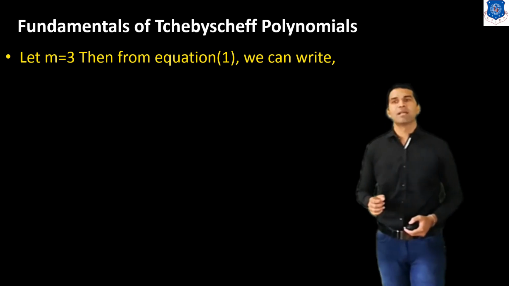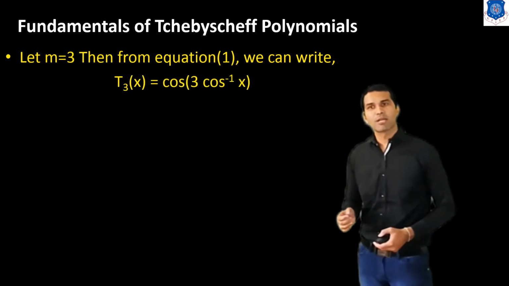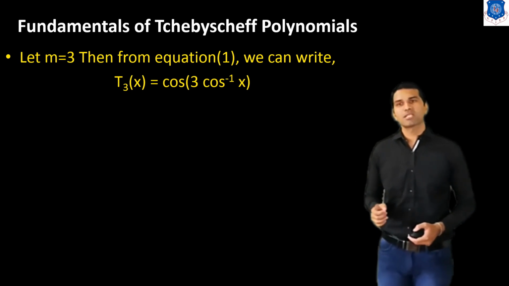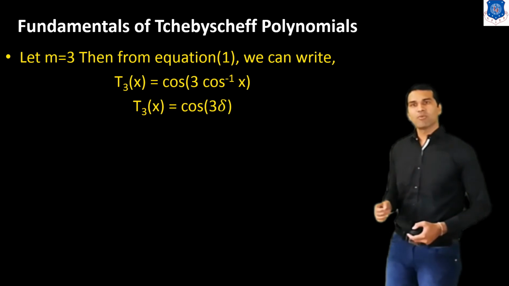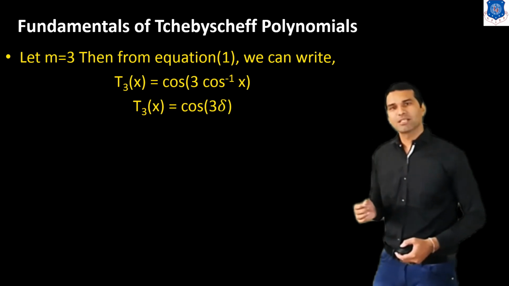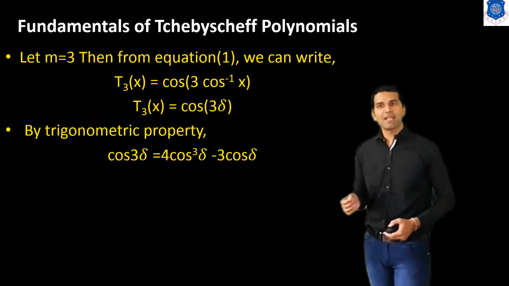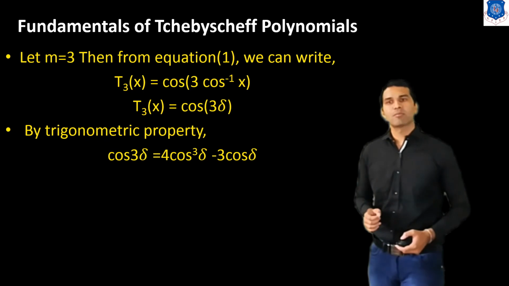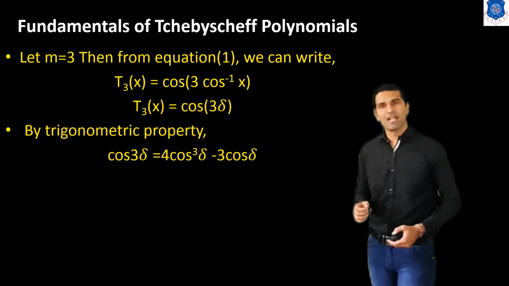Now we consider m equals 3. T3(x) equals cos(3 cos inverse x). Considering cos inverse x equals delta, we write cos 3 delta. By the trigonometric identity, cos 3 delta equals 4 cos cube delta minus 3 cos delta.